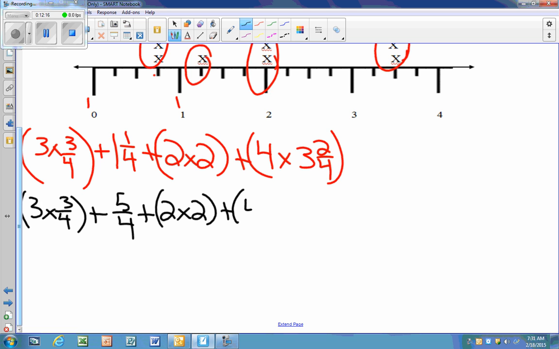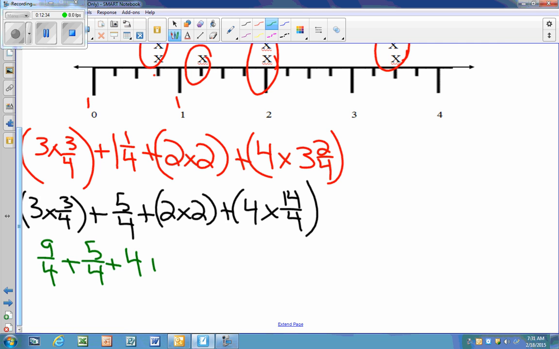And then this becomes 4 times 14/4 over here, because I have 4 times 3 is 12 plus 2 is 14. So now everything's easier to work with. And now I'm going to simplify down. This becomes 9/4 plus 5/4 plus 4 plus 4 times 14 is 56/4.